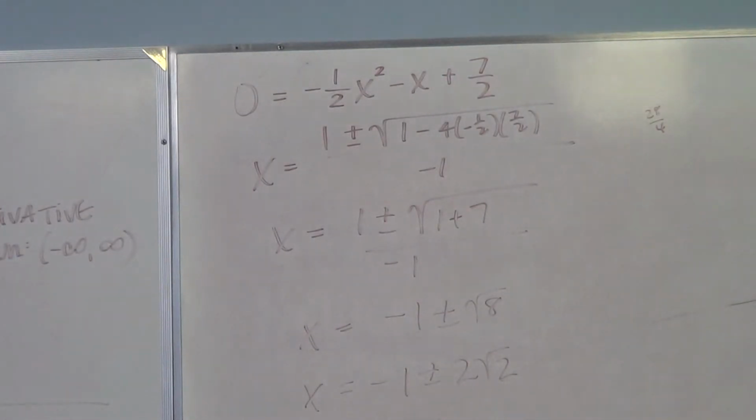So you can get approximations for that on your calculator, so you can put them on your graph. So -1 plus 2 root 2 is about 1.8.